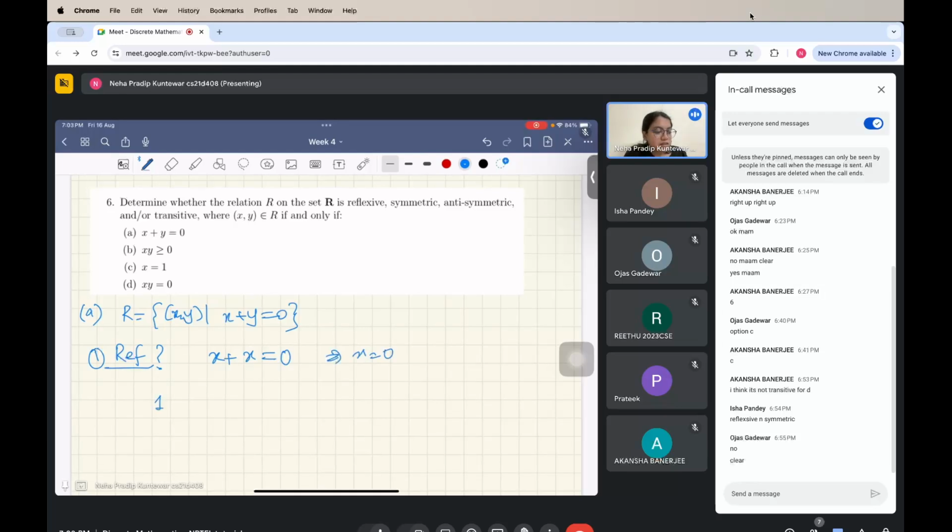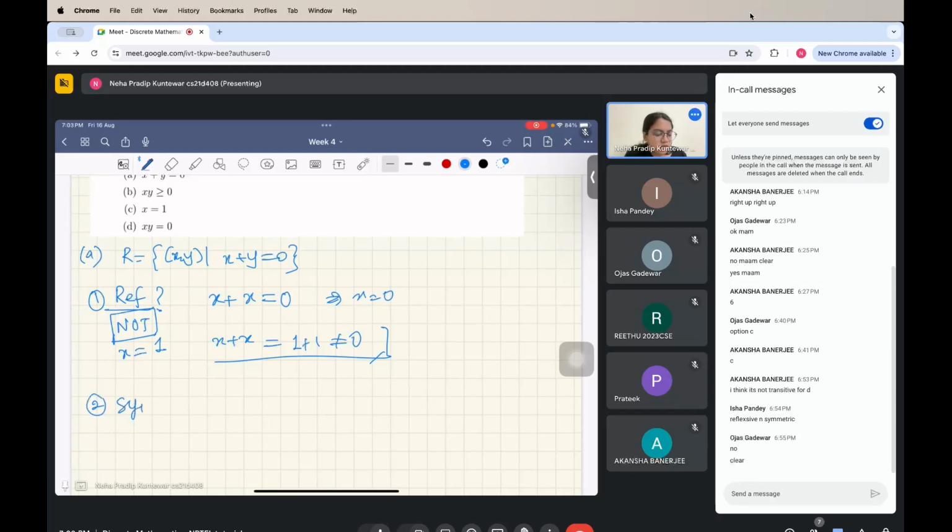One thing I probably forgot to mention is that the set that we are looking at is the set of real numbers. So for example, if x is 1, then x plus x, which is 1 plus 1, is not equal to 0. So the reflexivity property is violated here. So this is not reflexive.